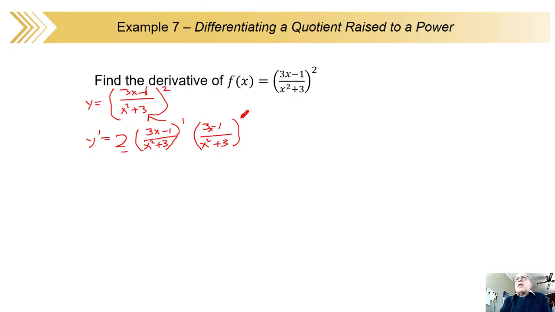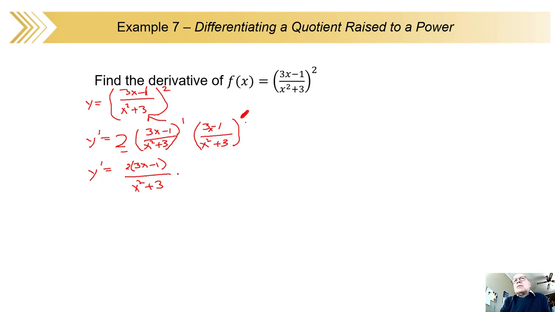This means derivative. So what do we have so far? Our derivative. Here's our 2. If we look at this first part here, we've got 2 times the 3x minus 1 over x squared plus 3.